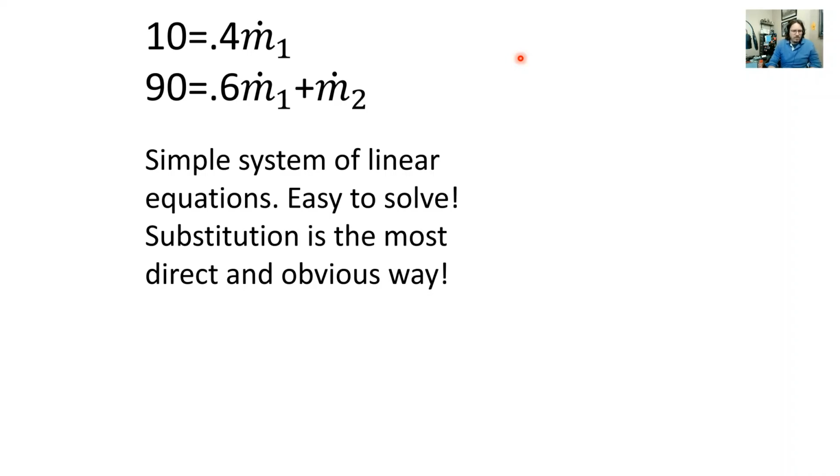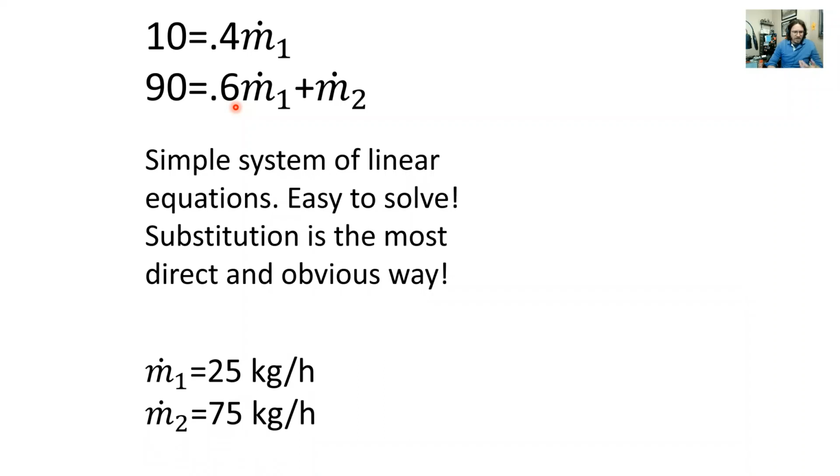It's really easy to solve, and substitution is the most direct and obvious way. We solved for M1, and then plugged it into the water balance equation. There was also the total balance equation, but again, I always tell people to use it to check your answer.